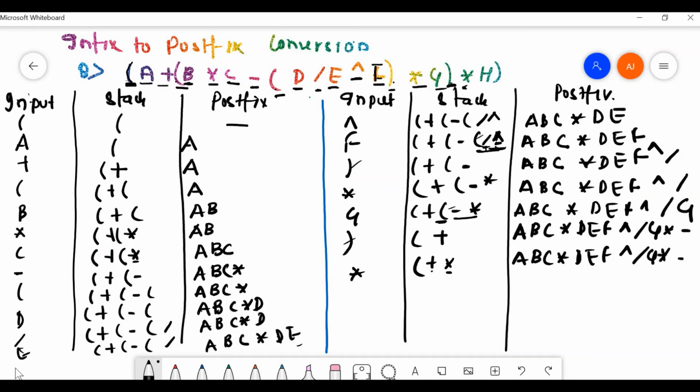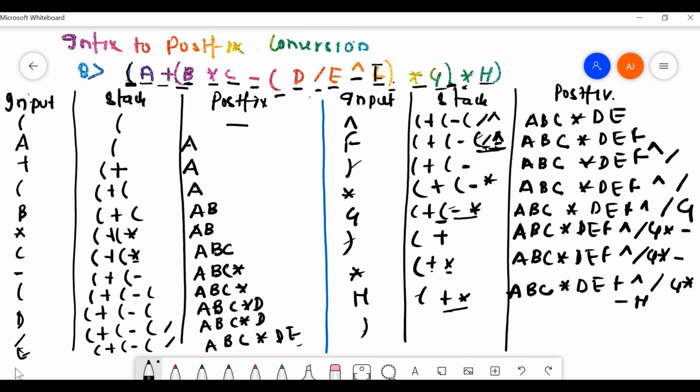Now H is there, so H, bracket plus into, A, B, C into D, E, F, power divide G into minus H. It is a continuation. Now this bracket encounters, so we have to cancel these two brackets, so both pop out.